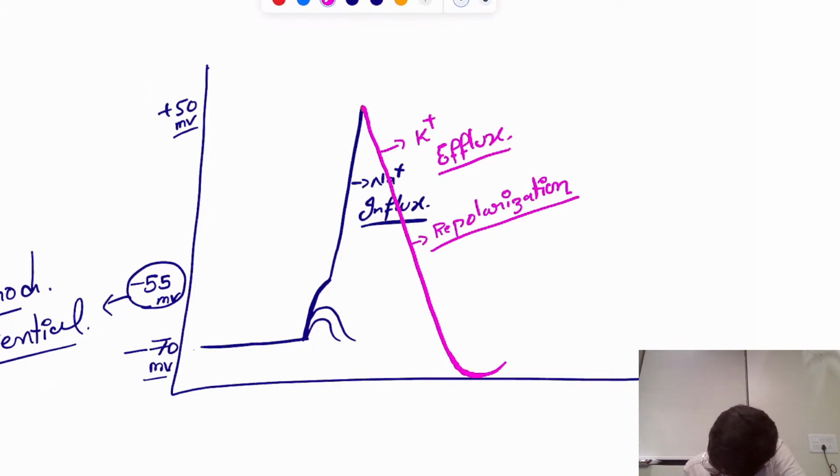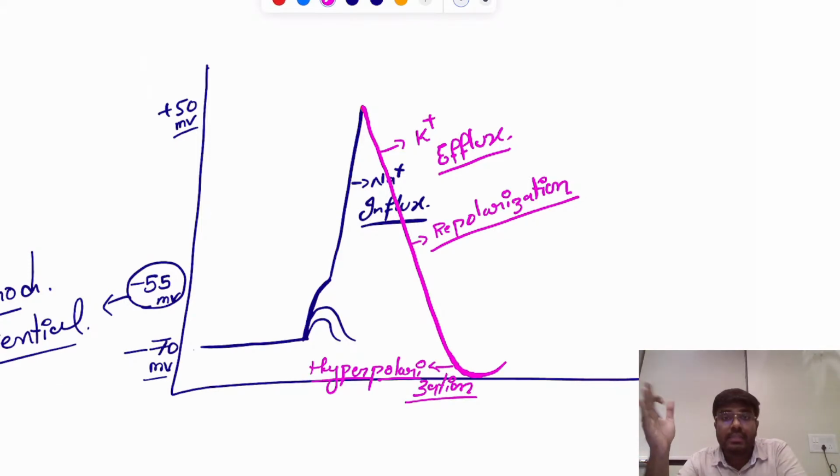This is called hyperpolarization. The cell is getting more and more inactivated. The cell is becoming hyperpolarized. More potassium is going out of the cell. The cell is becoming more electrically negative. We will call it hyperpolarization.